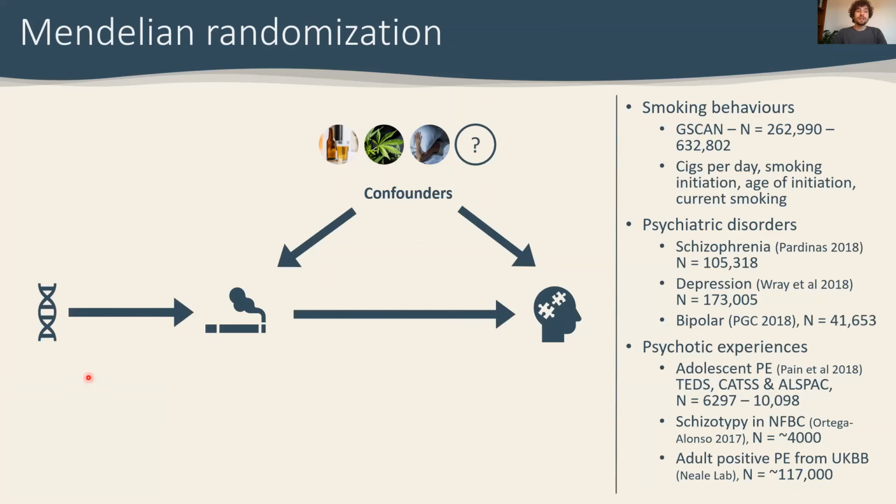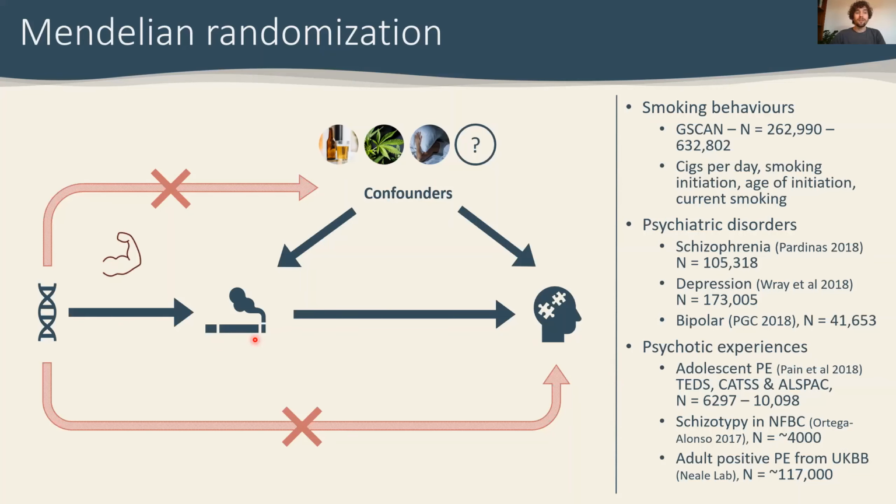And the way we do this in Mendelian randomization is by using genetic variants that are strongly associated with something like smoking, and we then test if there's an association between these genetic variants and our mental health outcomes we're interested in. And we get these associations from large genome-wide association studies that have already assessed whether genetic variants are associated with specific traits.